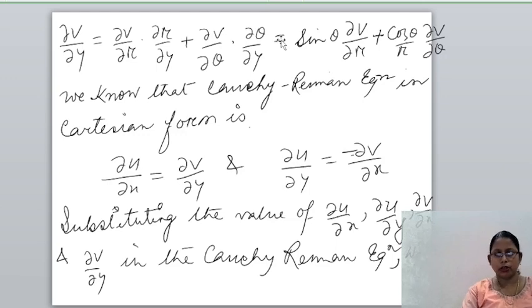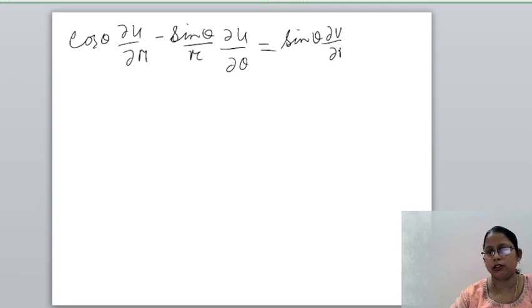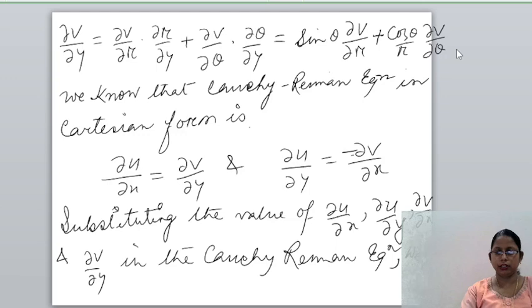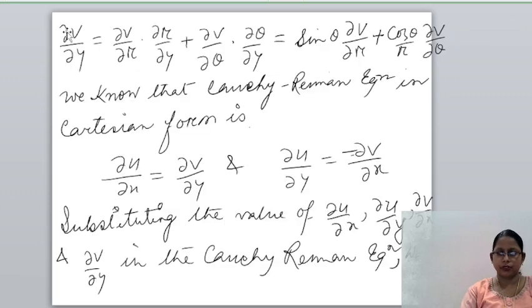Then del v del y. Del v del y is sin theta del v del r plus cos theta by r del v del theta. Is it okay? Yeah. Put this as equation 3. Again, the second equation of the CR equation.